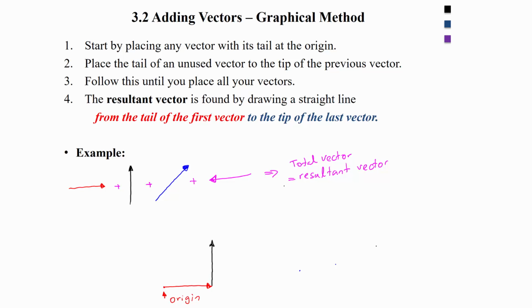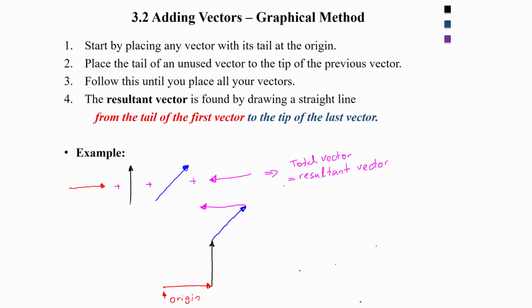Alright, I'm done with the black vector. Now I'm going to place my blue vector like this. And then I'm going to place my purple vector on the tip of the blue vector, going like this.